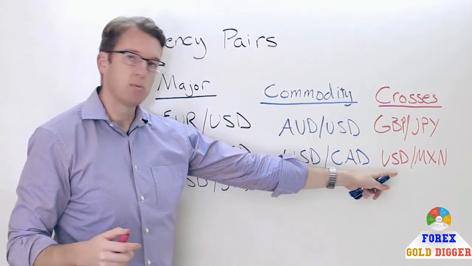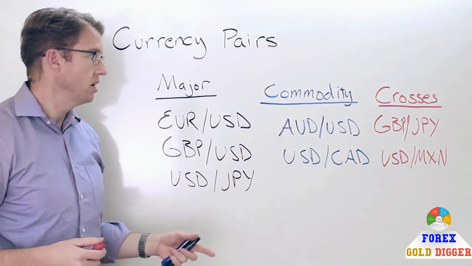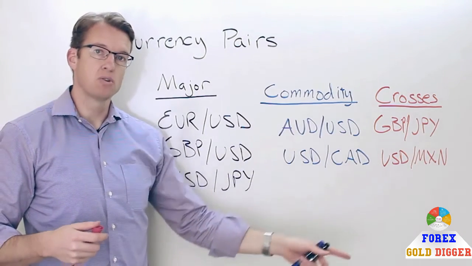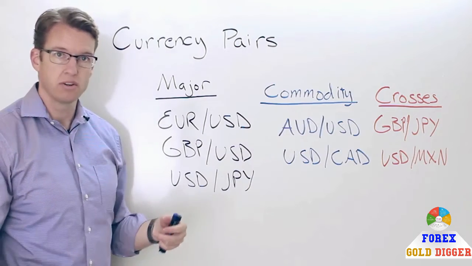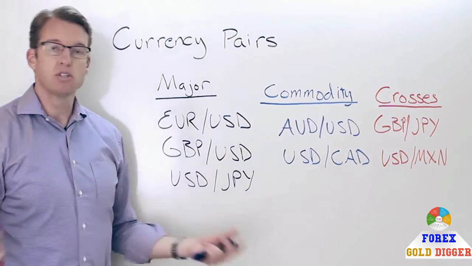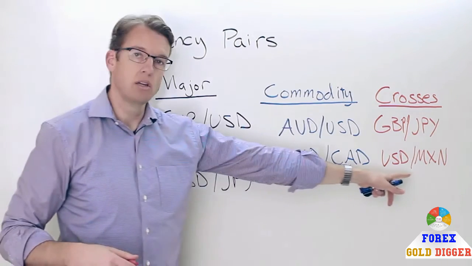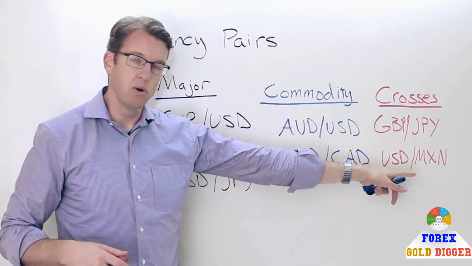But one of the advantages we have here, for example with the dollar to the Mexican peso, is that a trader would be able to have indirect exposure not only to the commodity market, oil for example. The Mexican peso is very sensitive to the price of oil, but also to emerging markets. As emerging market economies are doing better or worse, that's certainly going to affect the value of the Mexican peso as well.